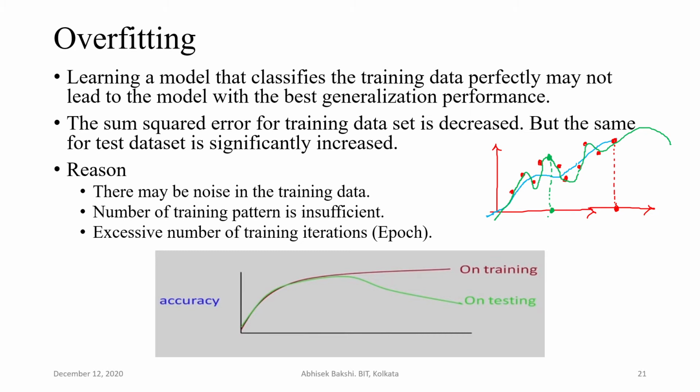And obviously there is some reason for this. Maybe the data is noisy, and another very important point is that there may not be sufficient training data. For example, you haven't got the full information on some particular subject, and someone is asking you a lot of questions on the subject.